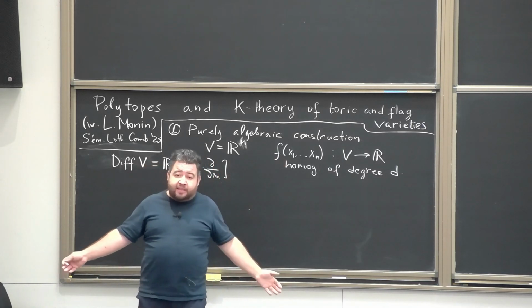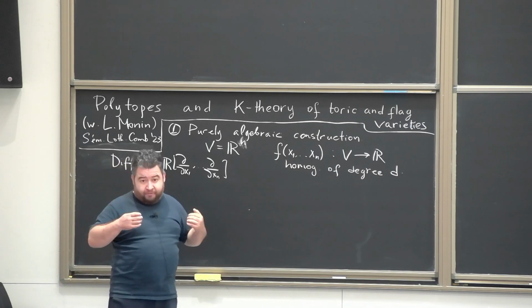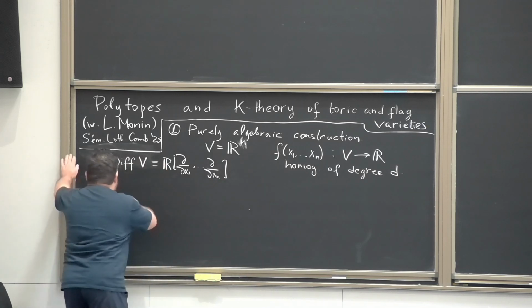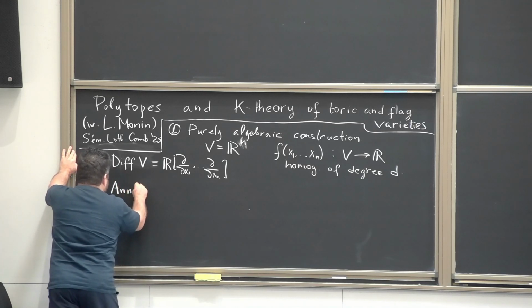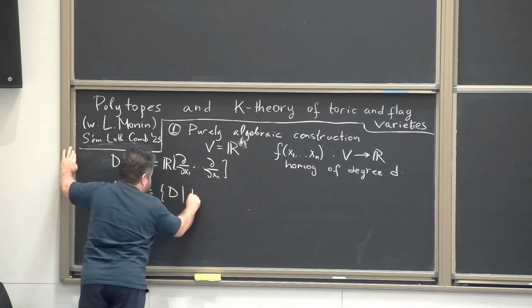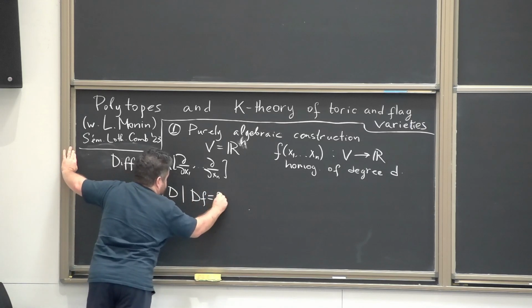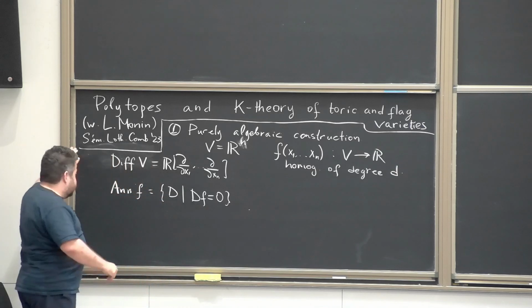Inside this ring, I can apply differential operators to various polynomials, for instance to f. And inside this ring, I can take the annihilator of f. These are those differential operators D such that Df is identically 0. This is obviously an ideal.